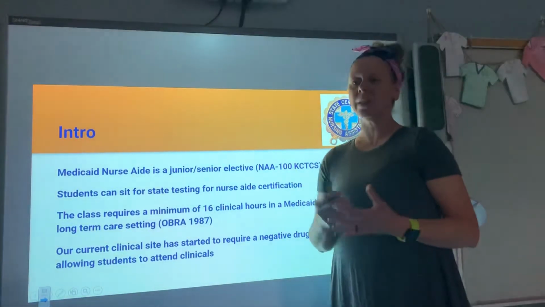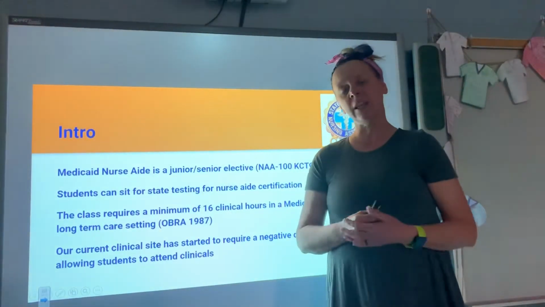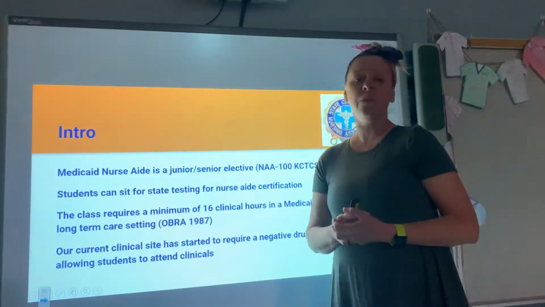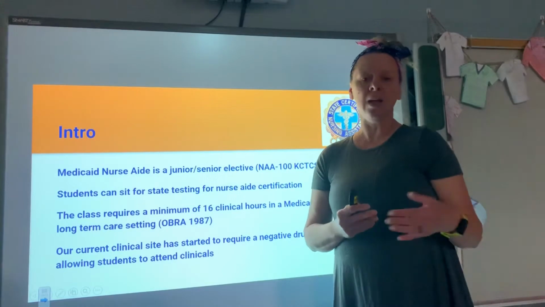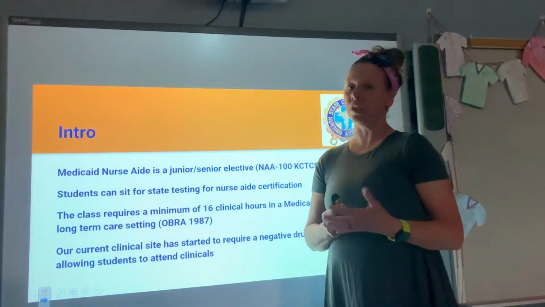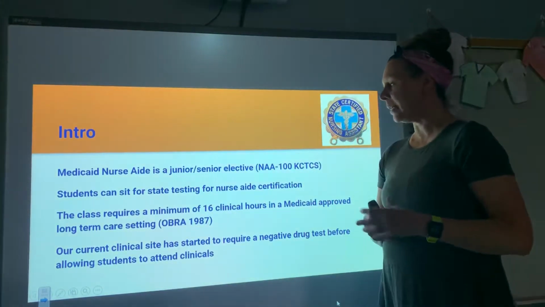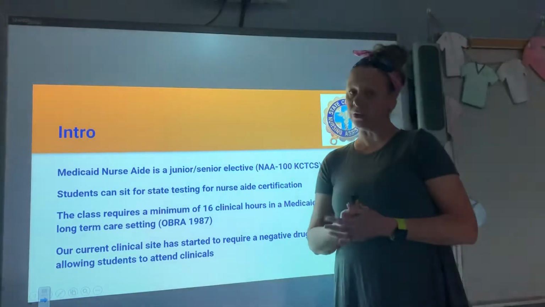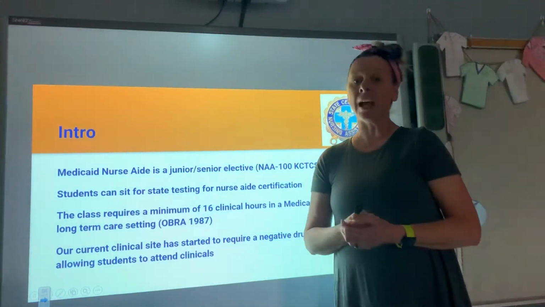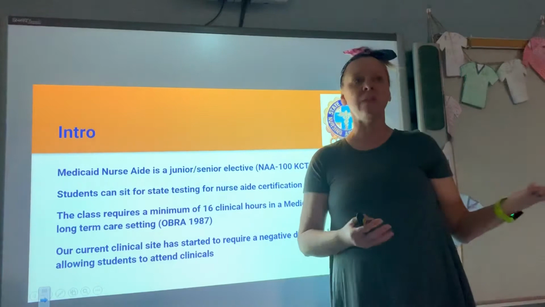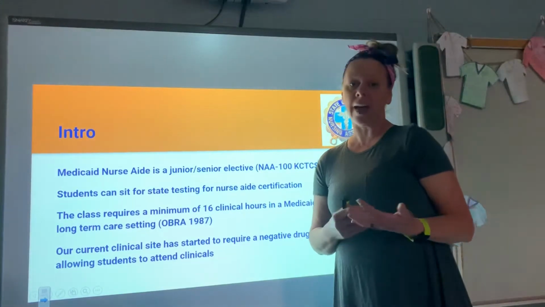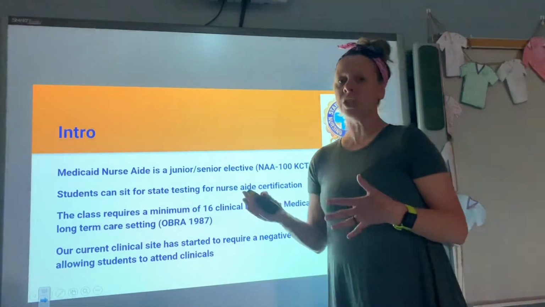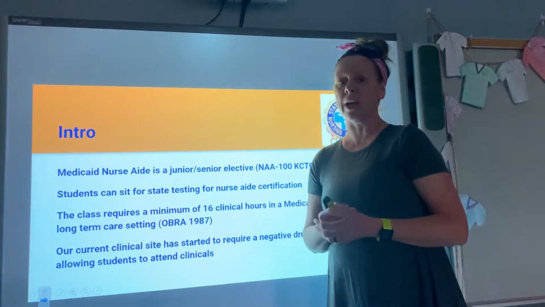So the purpose is for students to go through the training and then be able to sit for their state registered nurse aid, what you would probably call certified nurse aid. It requires a minimum of 16 clinical hours and then 75 classroom hours. We get more than 75 classroom hours in the high school setting. In the college setting, they literally take this class for 8 weeks.